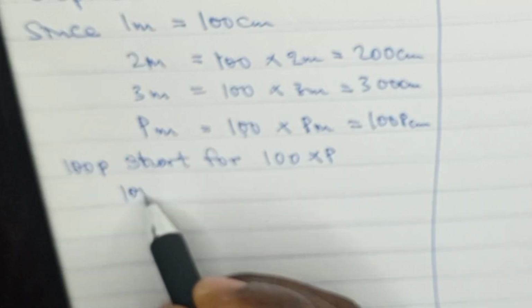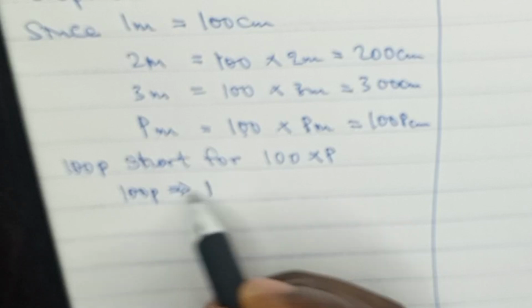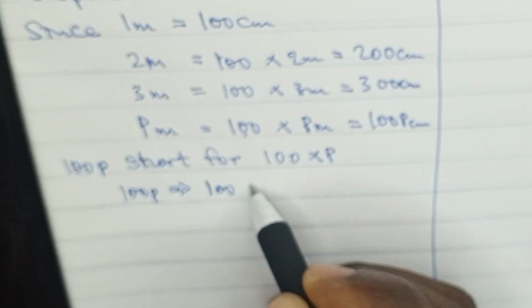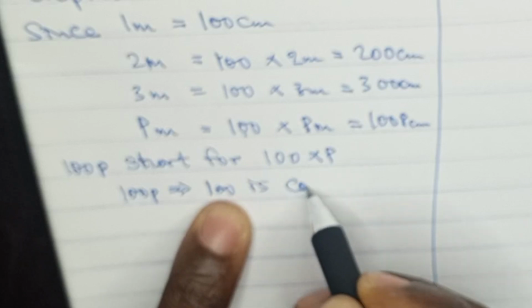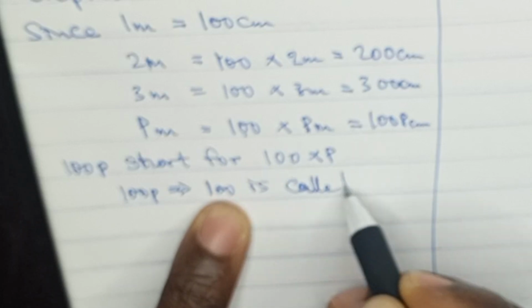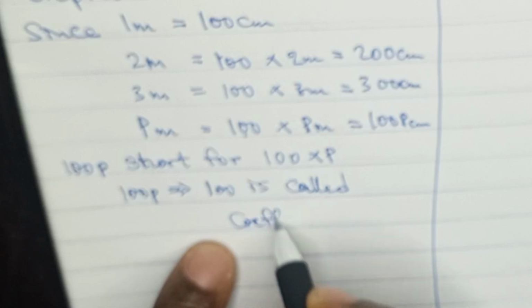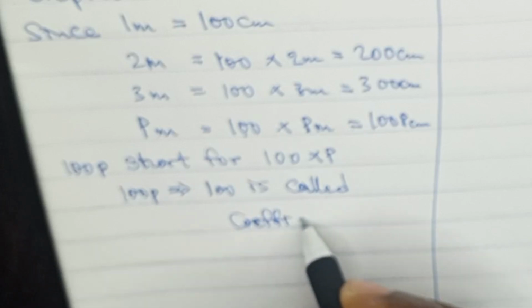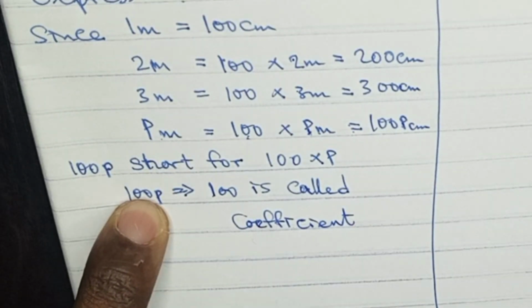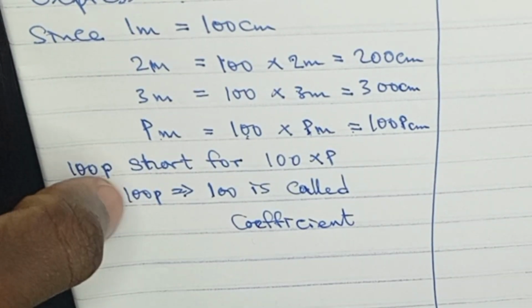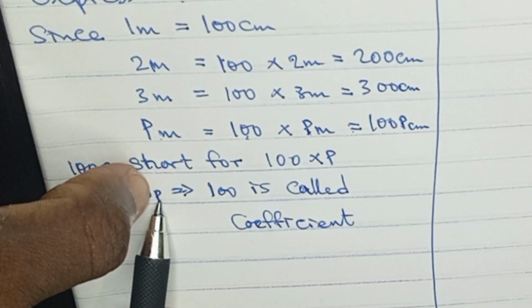So in 100p, 100 is what? It is called the coefficient of p. 100 is the coefficient of p here.